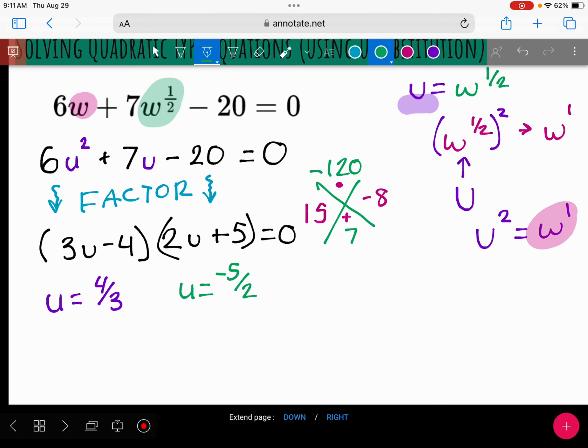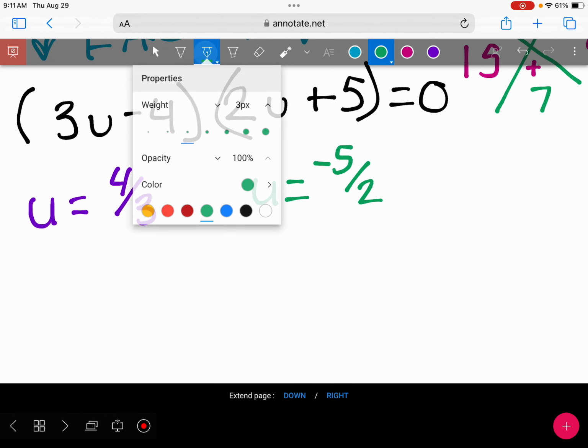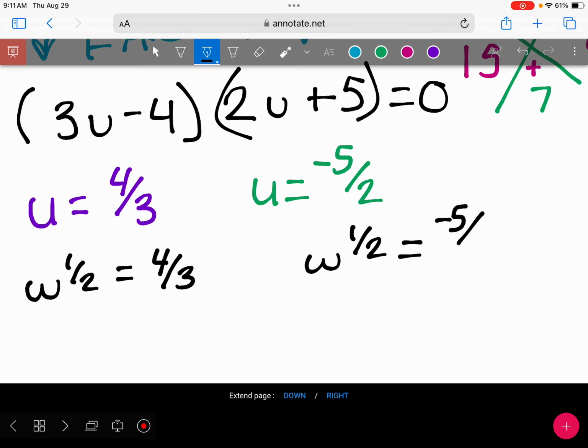So we need to substitute it back in. We've got to get back to our w. So our u's down here really stand for w to the 1/2 equals 4/3, and w to the 1/2 equals -5/2.